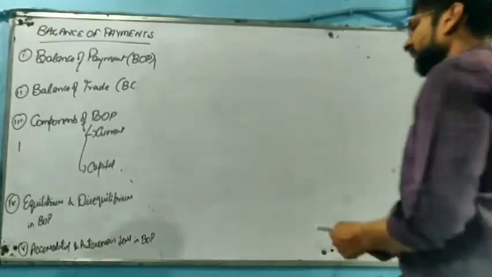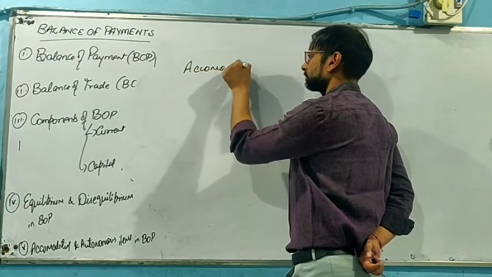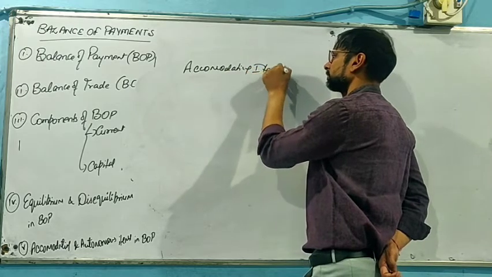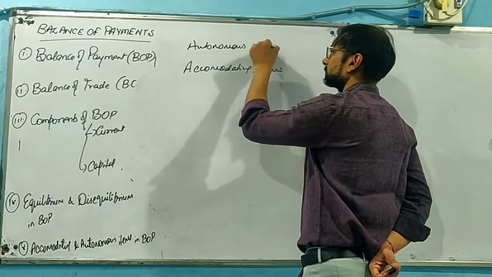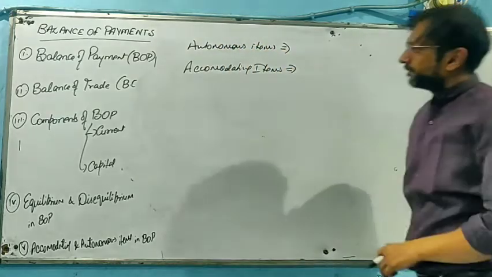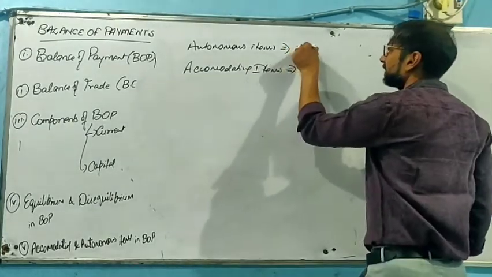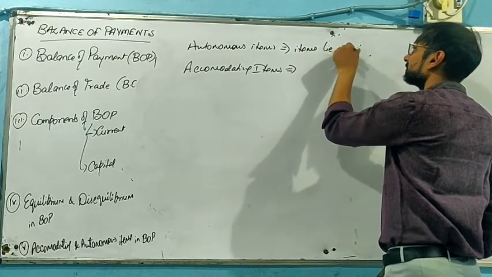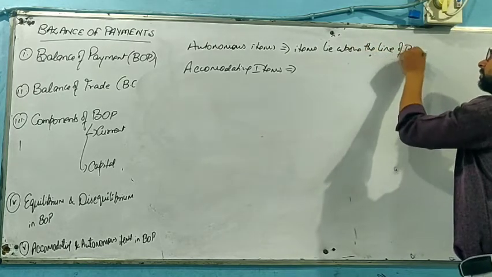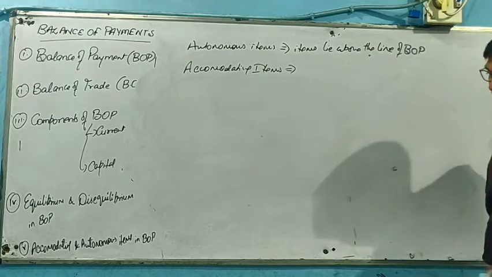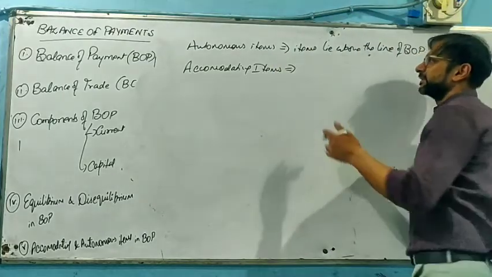Now in respect of accommodating item, as well as, first of all, with respect to autonomous items, we say these are the items that lie above the line of BOP. It means these are the items that are basically concerned with profit maximization.